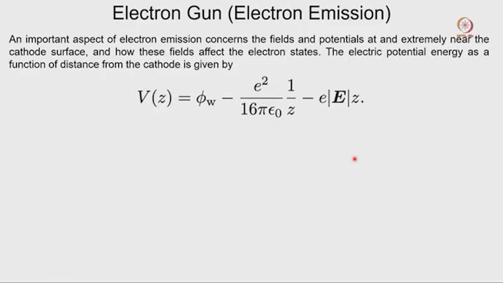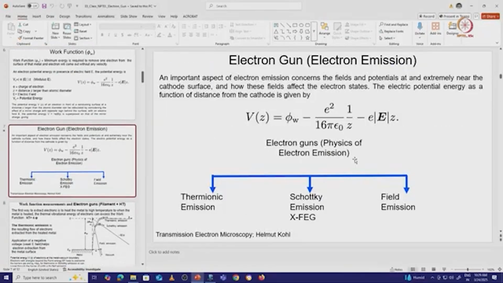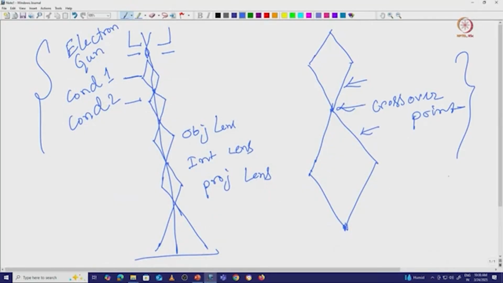Now, we want to draw a diagram and see how this thermionic emission is happening and what is the relationship with the work function and other systems.